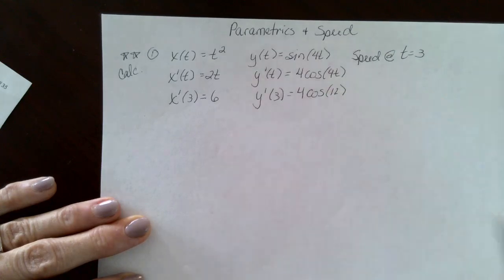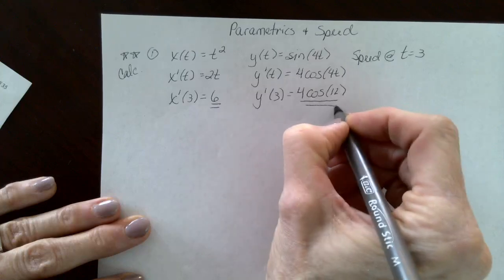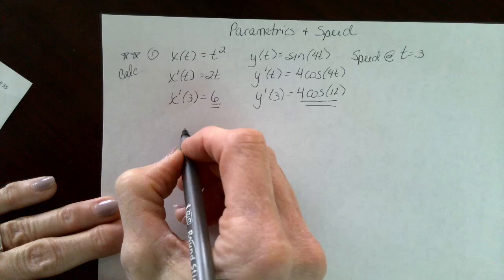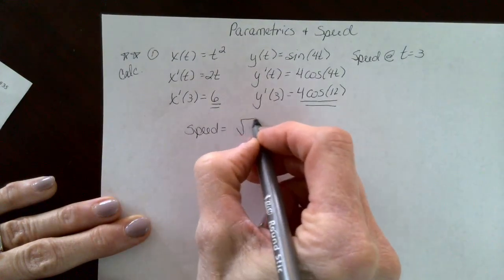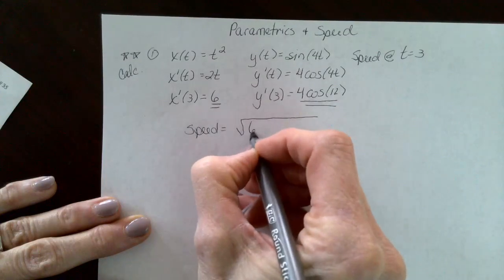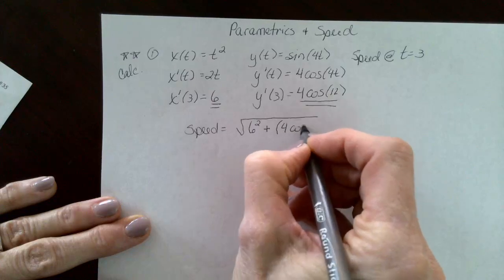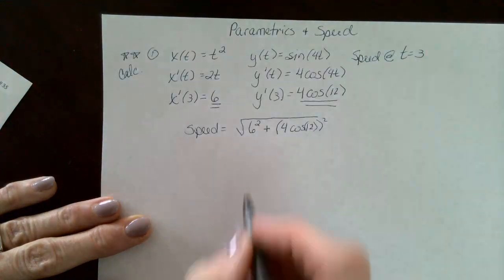Yeah. All right, so that's what I'm going to put in my square root and square it. Okay, so you're going to grab your calculator and you're going to go speed is going to be equal to the square root of 6 squared plus parentheses 4 cosine 12 squared.